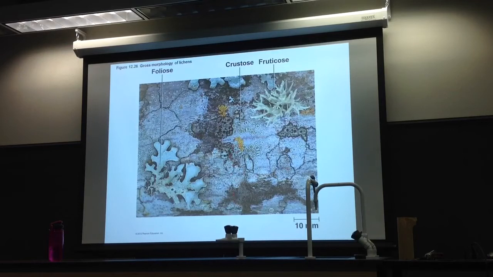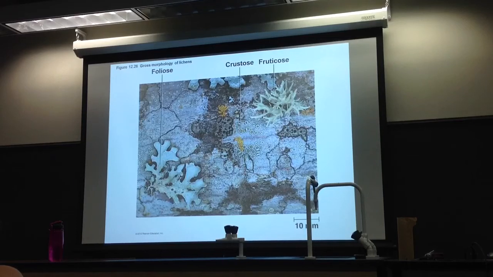Fruticose is called that because they look like fruiting bodies. Because they literally come out of the rock, just like a mushroom would, right?